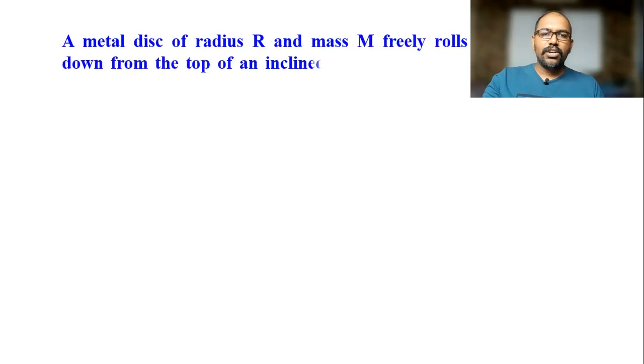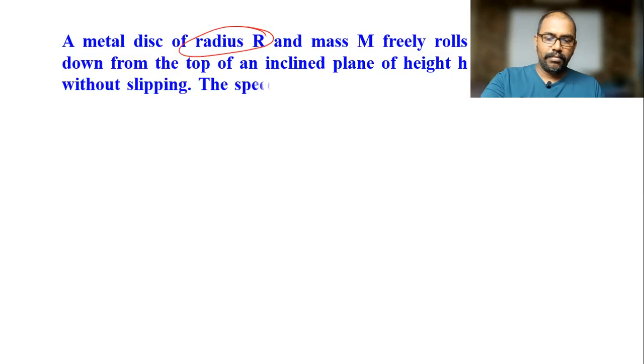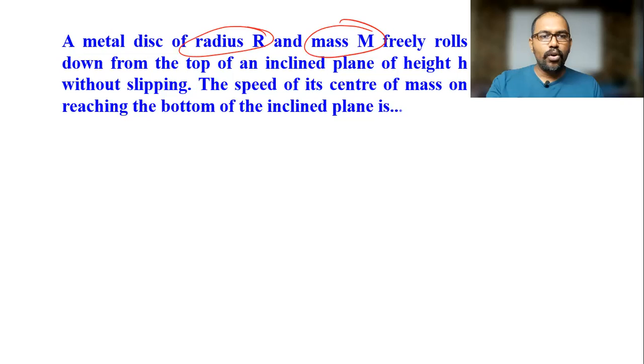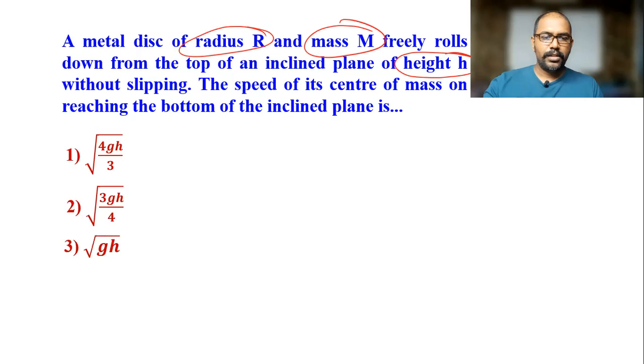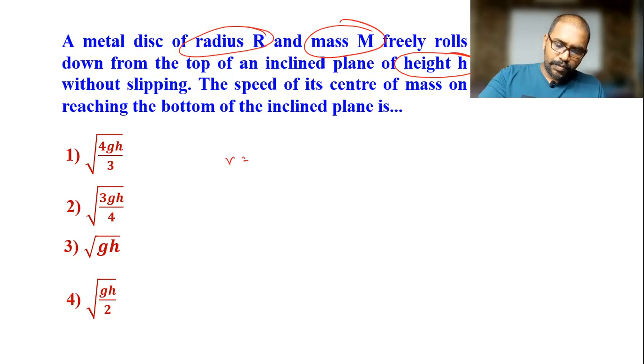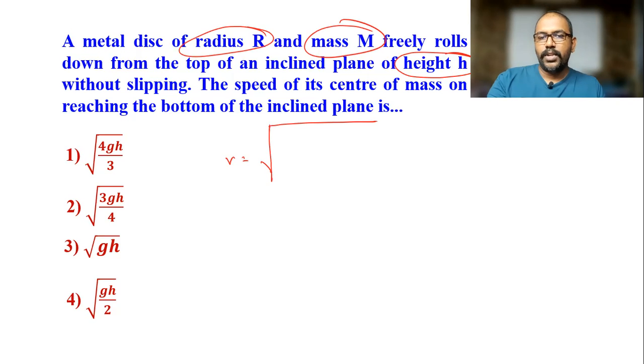Now we move forward. The next question is: a metal disc of radius r, mass m, freely rolls down from the top of an inclined plane of height h without slipping. The speed of its center of mass on reaching the bottom of the inclined plane is, and here are the options. So in the theory, we already derived the formula for speed on an inclined plane without slipping, and it is root of 2gh divided by 1 plus k square by r square.